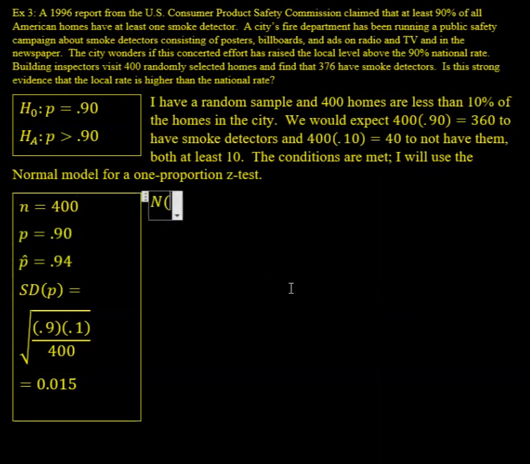So we have the normal model, N(0.9, 0.015).